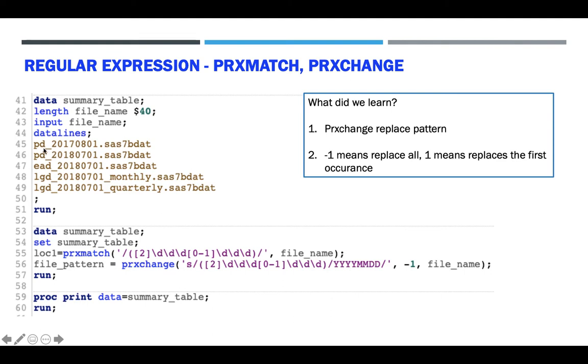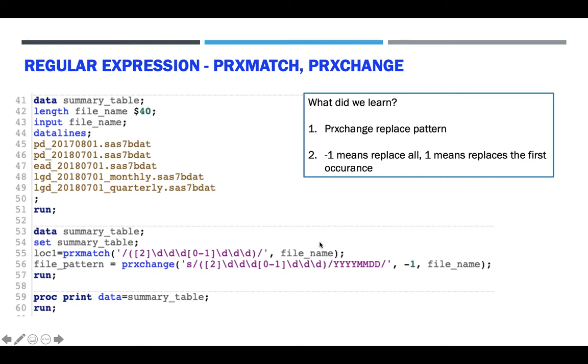For example, in the first one, this will give me 1. This will give me 4, right? If I search for this data, it will give me 5. So give it a try. Open your SAS program and give it a try. Another thing you can do is something called regular expression change.